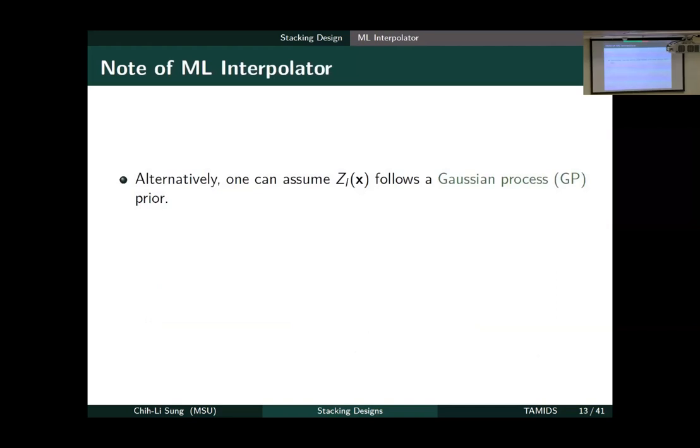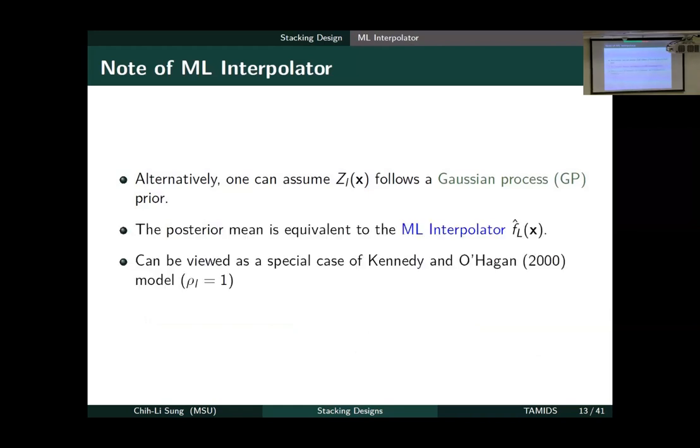So alternatively, you can actually assume this Z_l to follow a Gaussian process prior, okay? Because the posterior mean is actually equivalent to the interpolator that I just showed, okay?